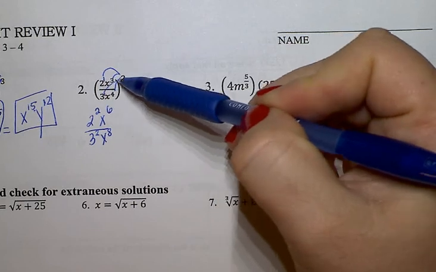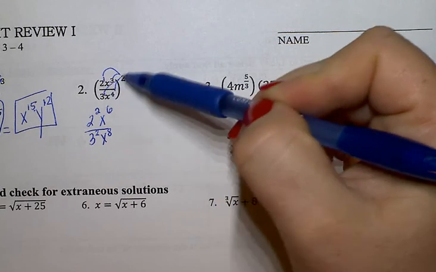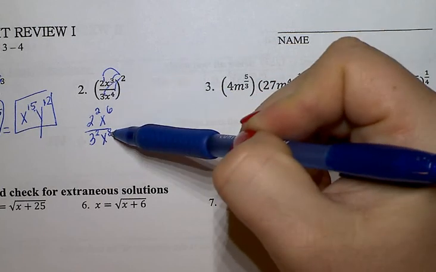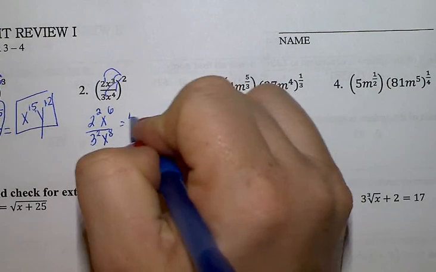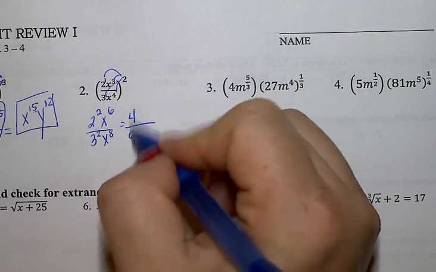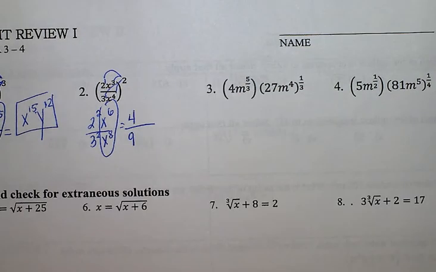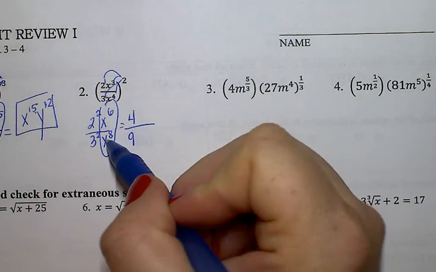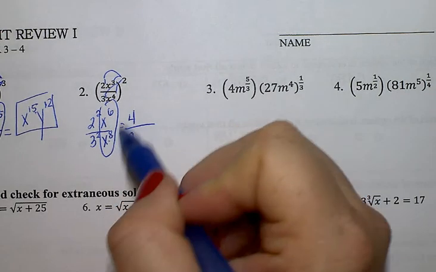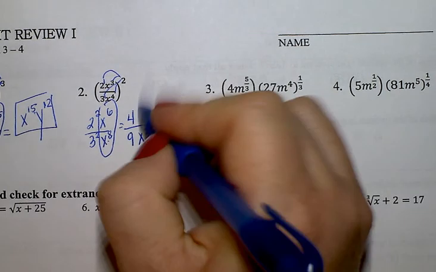Now when I distribute, 2 times 1, 2 times 3, 2 times 1, and 2 times 4. 2 squared and 3 squared don't reduce. When I look at the like terms, again we have the same base and we're dividing, so I'm going to subtract. This time the larger exponent's on the bottom. So take 6 away from 8, you get 2. The larger exponent is on the bottom, so your answer remains on the bottom.